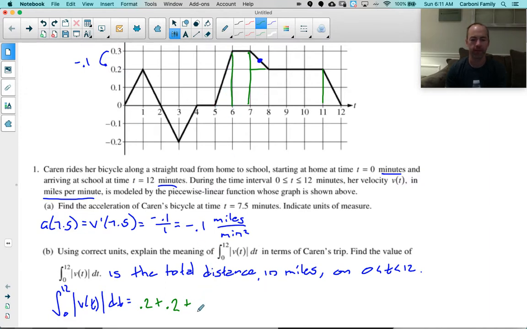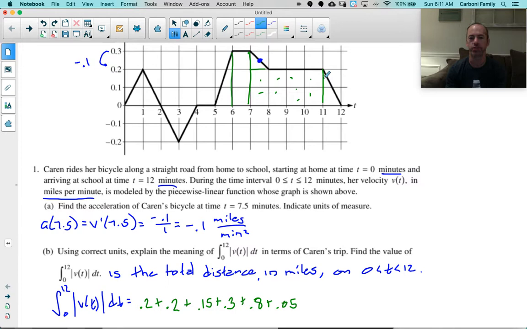However, it's going to be 0.15 when you factor in that my height is only 0.3 and not 3. This is a rectangle of area 0.3 from 6 to 7. This rectangle right here, I have 1, 2, 3, 4, 5, 6, 7, 8 there. So that's 0.8 plus I need to get that little triangle, which is a half, which we measured as 0.05.